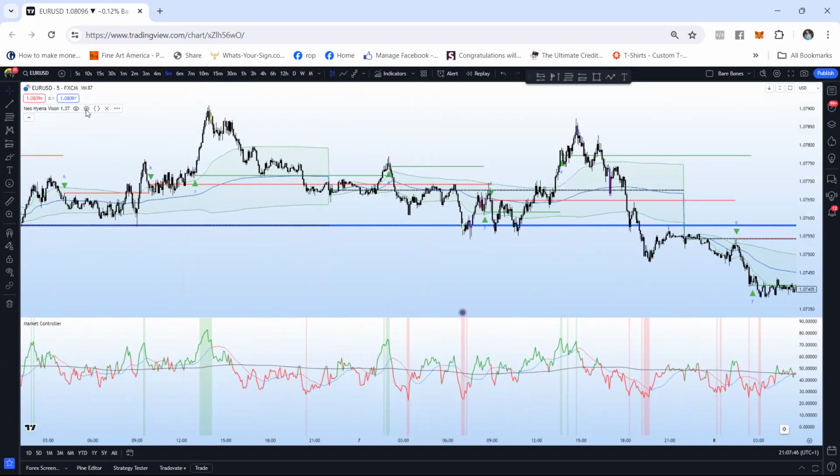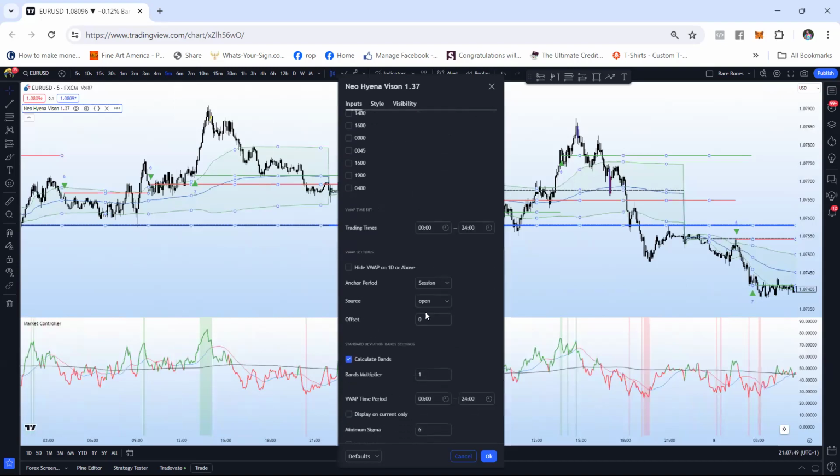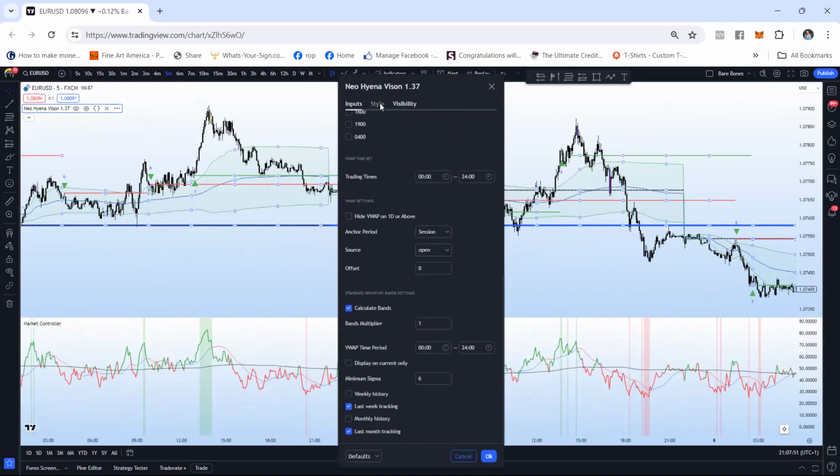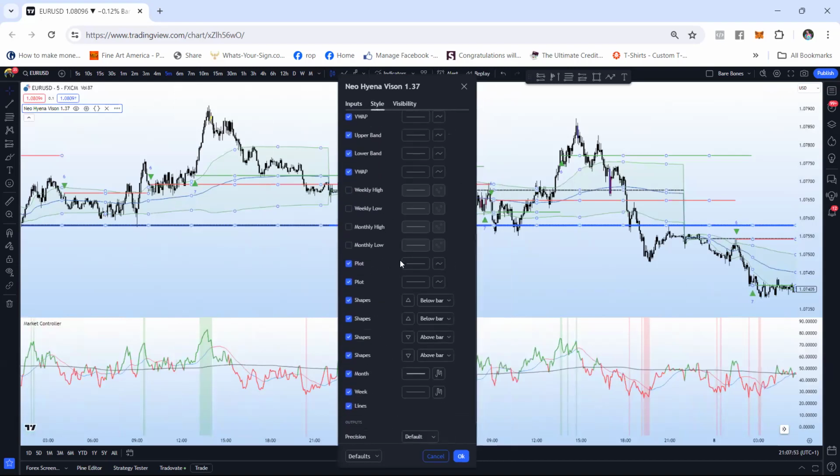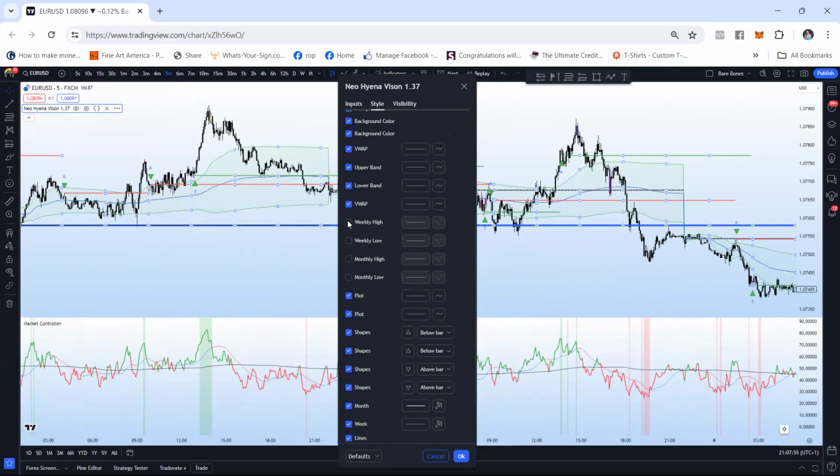Neo Hyena Vision also has more extreme levels than just the daily open, weekly algorithmic open, and the monthly algorithmic open. It also has the weekly high, which is a very strong level, the weekly low, monthly high, and monthly low.